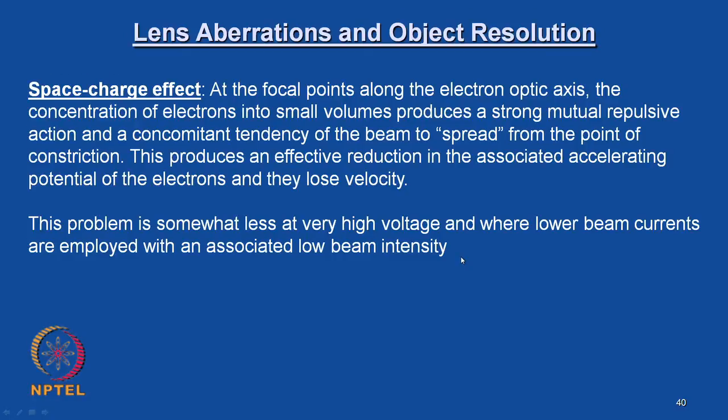So this particular effect especially belongs to the electron optical system, and you have to remember the aberrations which we talk about and their effect on resolution. We simply do not consider the specimen condition.